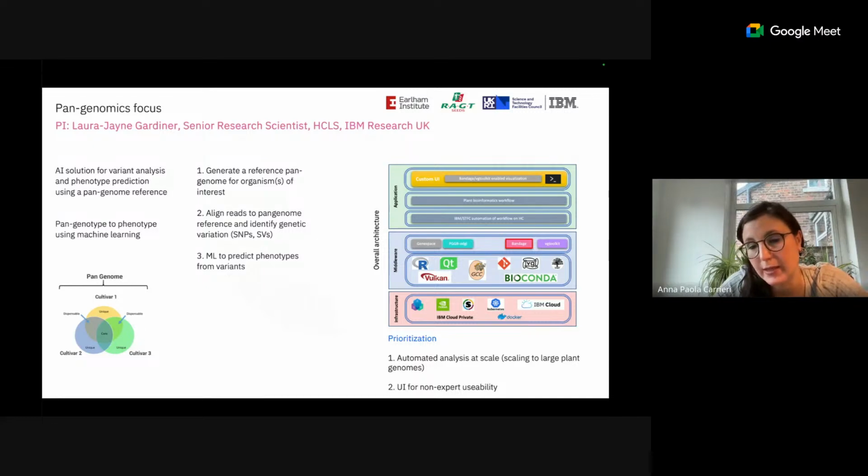The emphasis is on the automation of the analysis at scale, because we have a lot of data here. Also, our collaborator is looking at plant genomes that, as you probably know, are much bigger than human genomes. Generating a pangenome for plants is more complicated than for humans. Therefore, if you have enough resources and a software that is robust enough to do it on plants, then you can probably transfer it to the human genome as well.